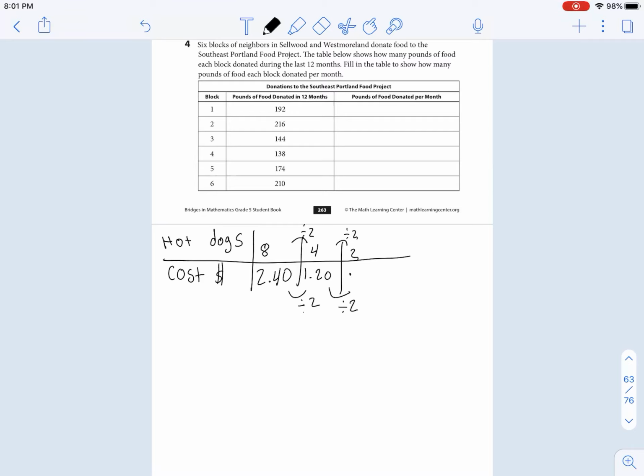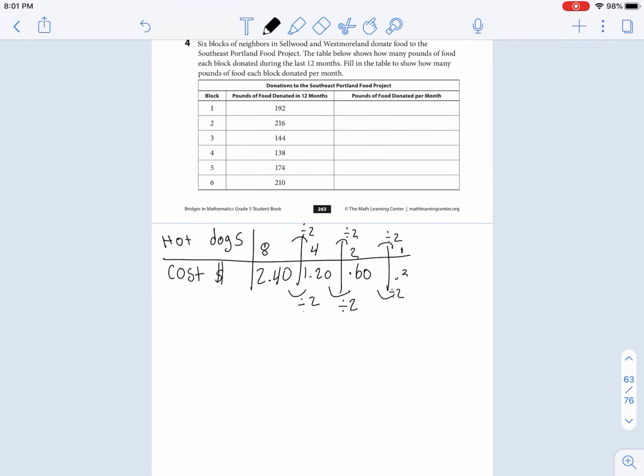Therefore, half of $1.20 is 60 cents. Now, we're almost at 1 hot dog. I know if I divide 2 by 2, I get 1. If I divide this here by 2, half of 60 cents is 30 cents. So, in this buy, 1 hot dog costs 30 cents.